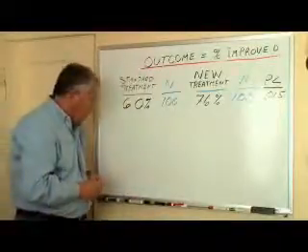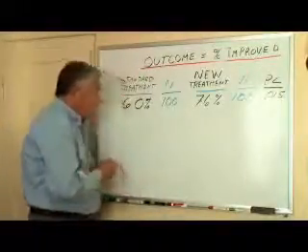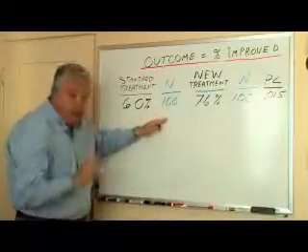Now, what if we have a sample size of 50 instead of 100? I have the same 60%, but my sample size is now 50. I have my same 76% for the new treatment, but my sample size is now 50.